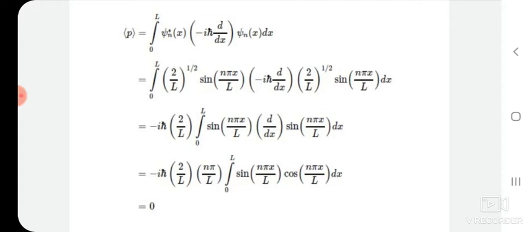Now the last point from this third chapter is linear harmonic oscillator. The derivation of this linear harmonic oscillator we will discuss in tomorrow's lecture, but first we have to understand what a linear harmonic oscillator is.